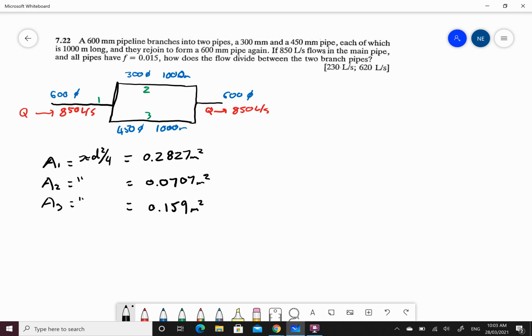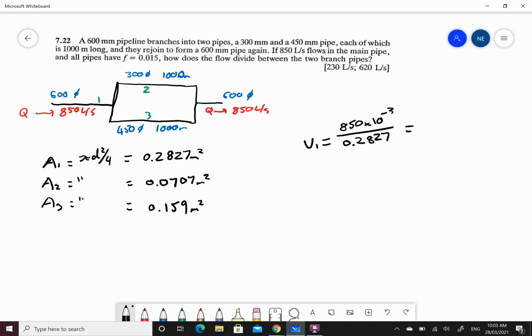Alright, okay, so what else do I know? I know my flow coming in is 850 litres per second, so my velocity in pipe 1, V1, is equal to Q1 on A1, so 850 times 10 to the negative 3 to bring it back to meters cubed per second, divided by A1, 0.2827.